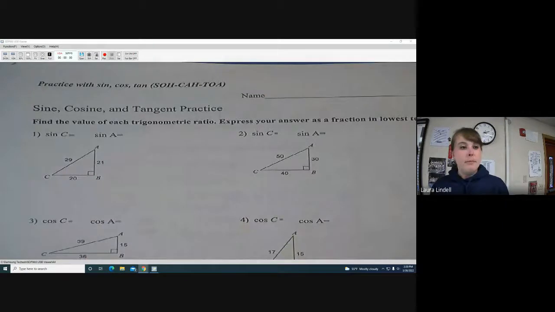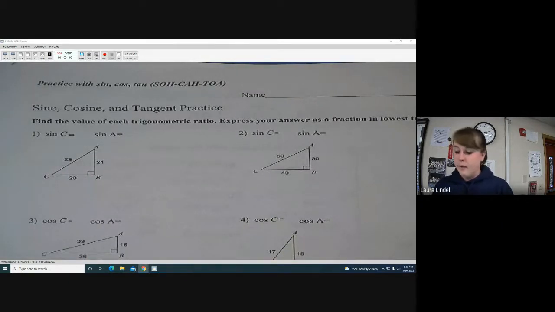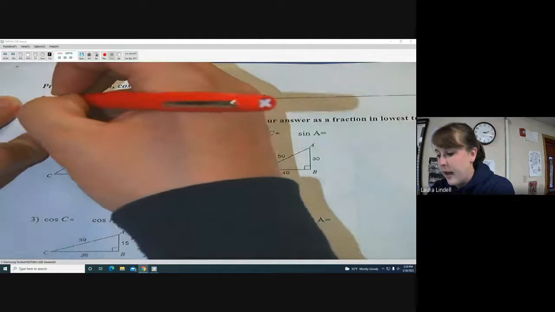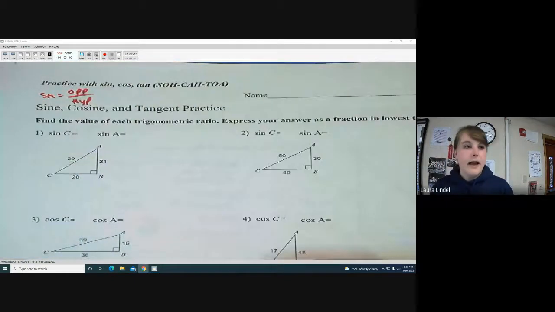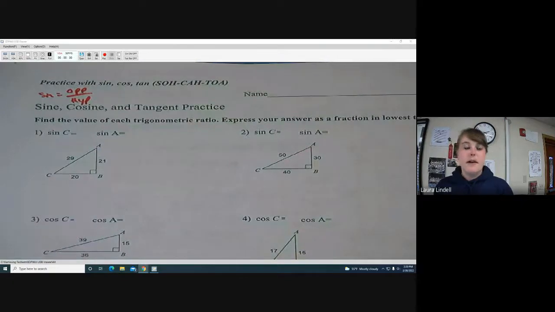You label them opposite, adjacent, hypotenuse with respect to whatever angle you're working with, and find those ratios. It might be a good idea at the top to write, like sine is opposite over hypotenuse and stuff like that, and cosine is adjacent over hypotenuse, so that you don't have to keep flipping back and forth. But you can always flip back to your notes if you need to.